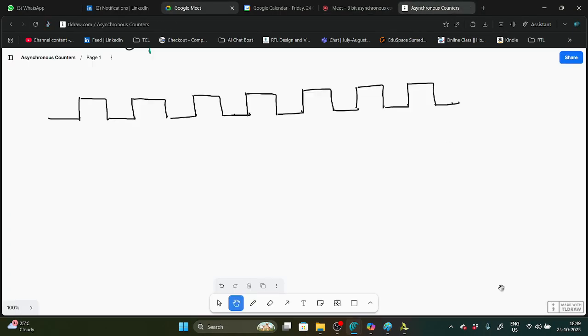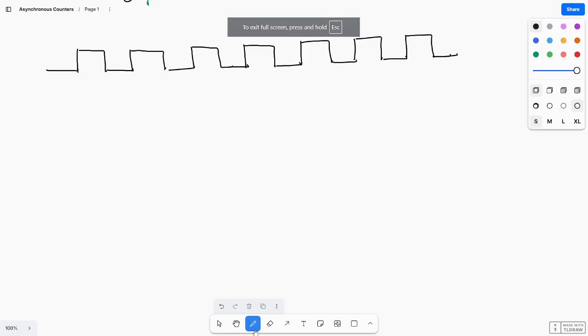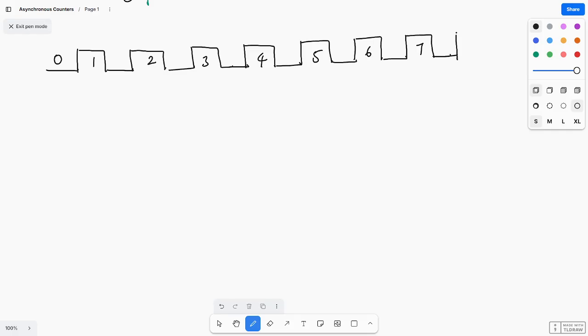This is the 0 clock, first clock, second clock, third clock, fourth clock pulse, fifth clock pulse, sixth clock pulse, and seventh clock pulse. And next, this is the eighth clock pulse.